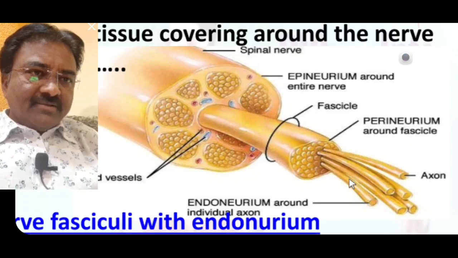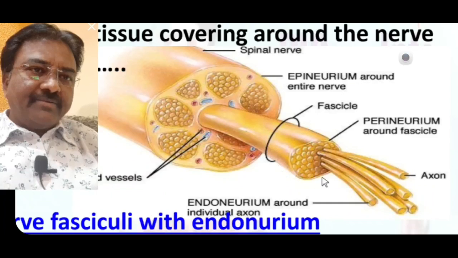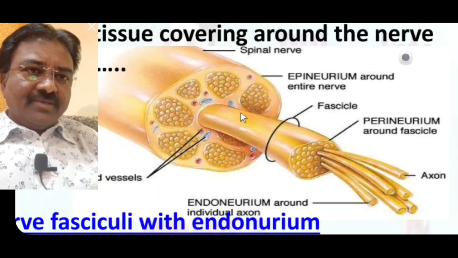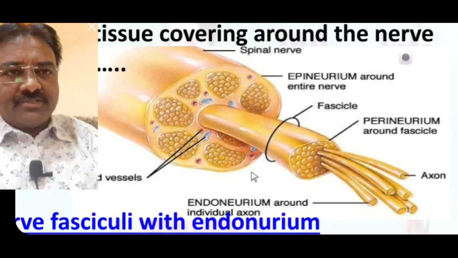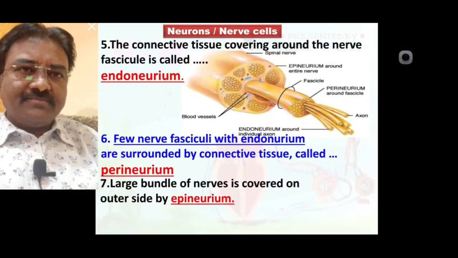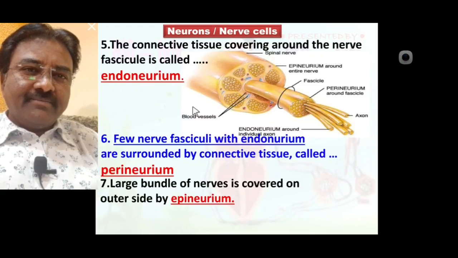Some nerves with endoneurium are covered by perineurium, and some perineurium with nerves are covered by a large covering called epineurium. Hope that you understood everything. 3 terms about connective tissue covering around the nerve fasciculi: endoneurium, perineurium, and epineurium.